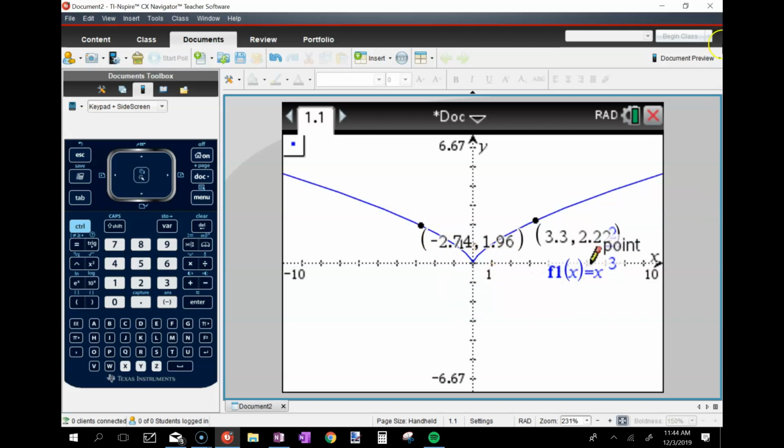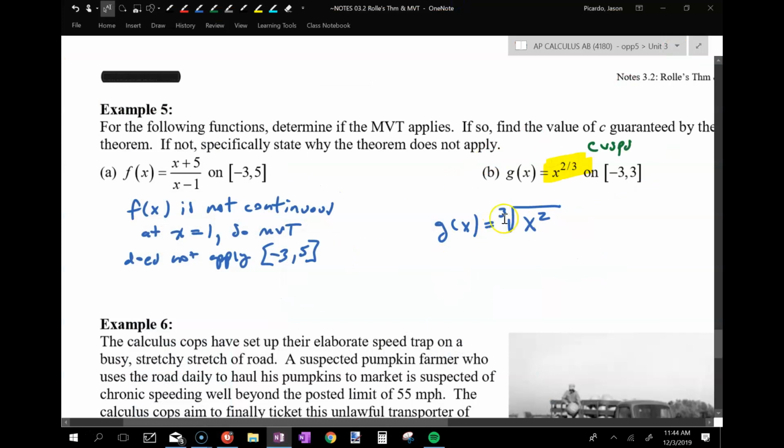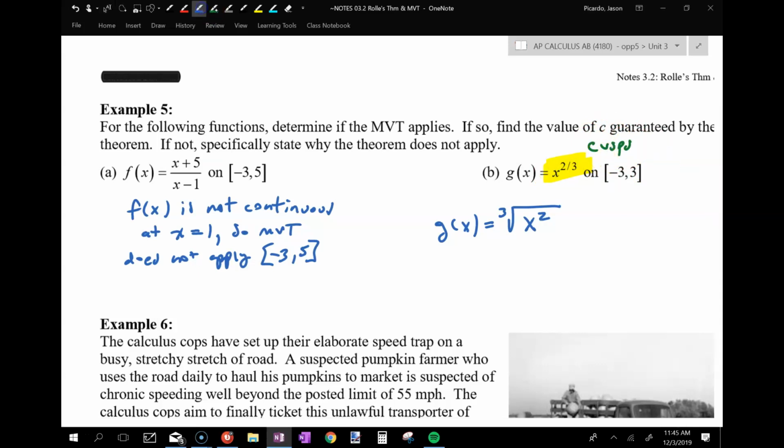No, right? Now, this is one of these things, guys, that as we go through the year, I'm going to keep pointing out: when you see fractional exponents, you're often going to see cusps.